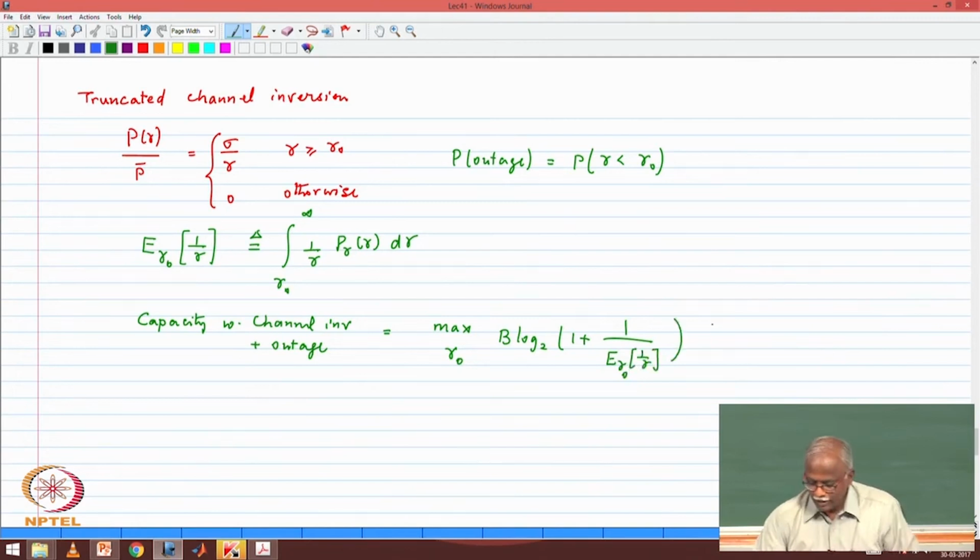And make sure that we also multiply it by the probability that gamma is greater than or equal to gamma naught.